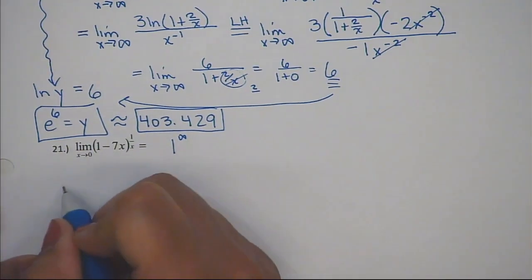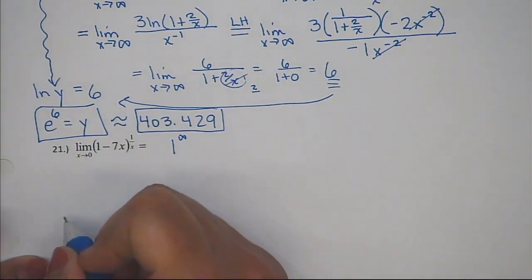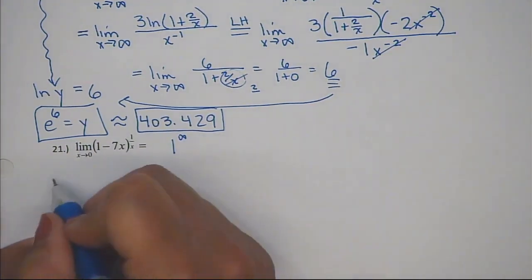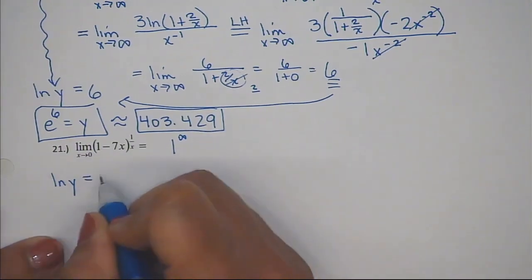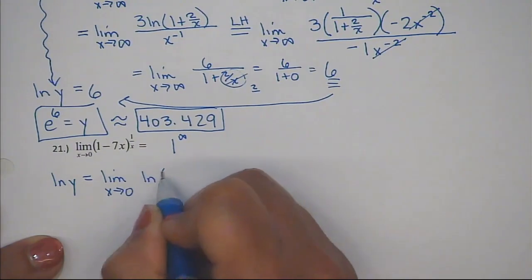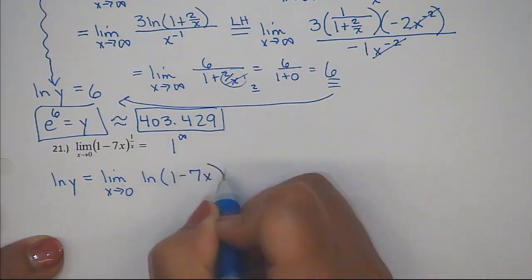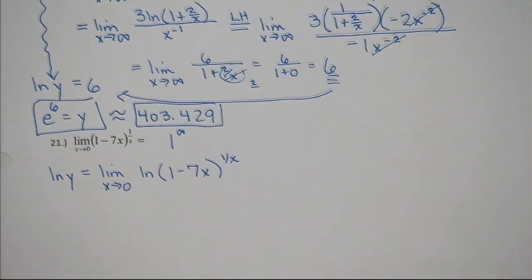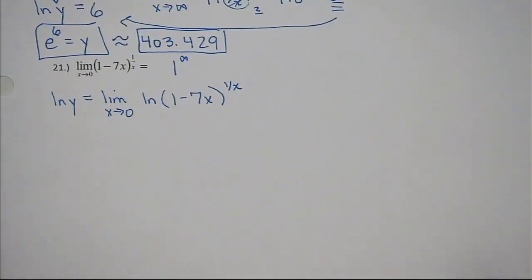So we're going to do y equals, it's okay if I put the natural log in that step. Okay, so natural log of y equals the limit as x goes to 0 of natural log of 1 minus 7x. I'm just combining those first two steps. So y equals, and then take the natural log of both sides.